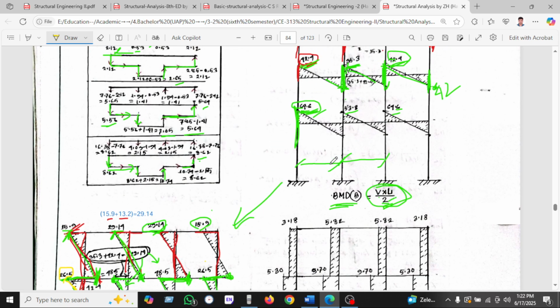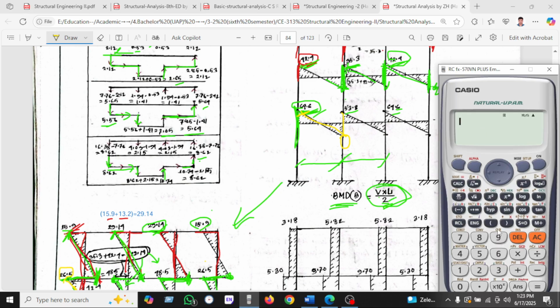Okay, so the second one we have seen here. If 68.4 is here, it will also be 64.6. So 64.6 plus 53.8, the total value will be how much? I'm just adding here 64.6 plus 53.8.